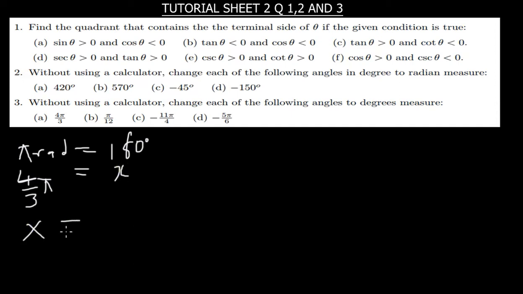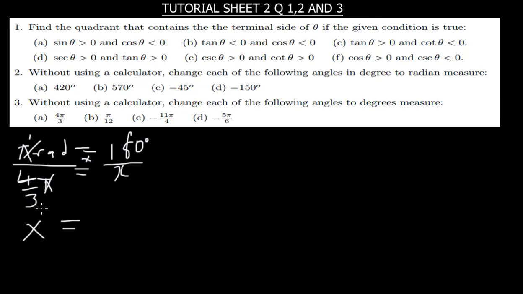You simplify it. You cross multiply there, and then divide by pi. Or if you want, this pi cancels with that pi, and then x times 1 this side, you get your x.